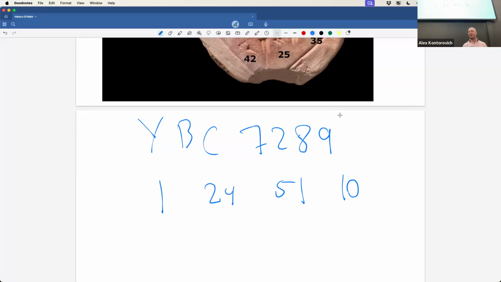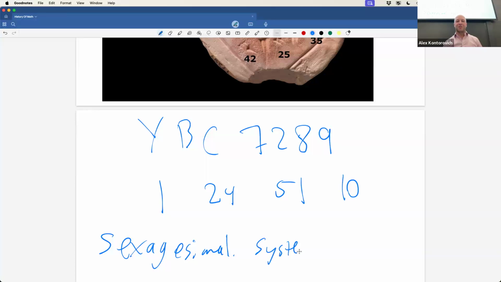How many seconds in a minute? Where does that come from? That's 5,000 years old, is to divide things into base 60, not base 10. Okay, so they have what's called a sexagesimal system. Sexagesimal system, so do we. Sexagesimal system just means base 60.